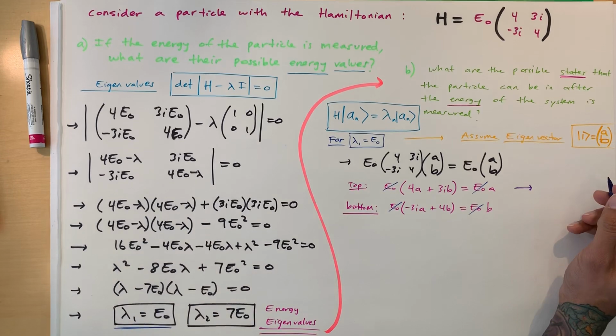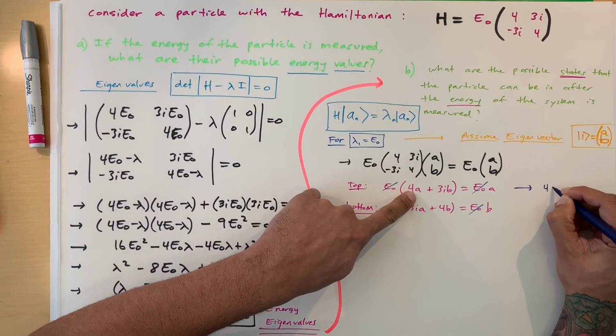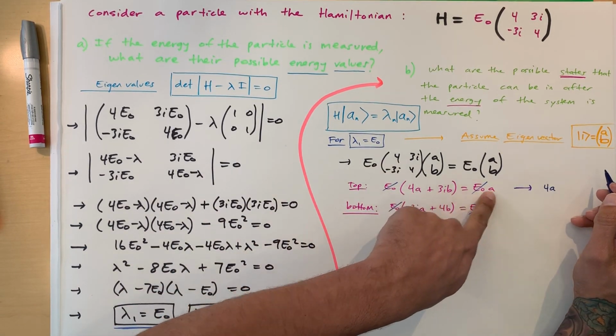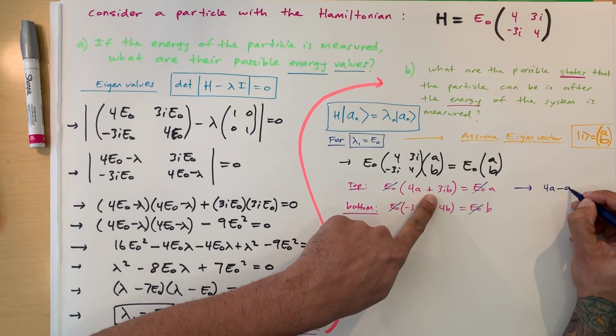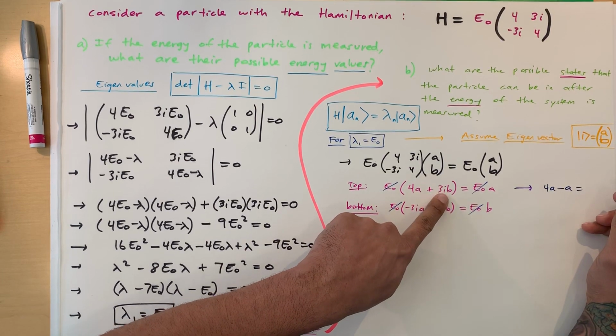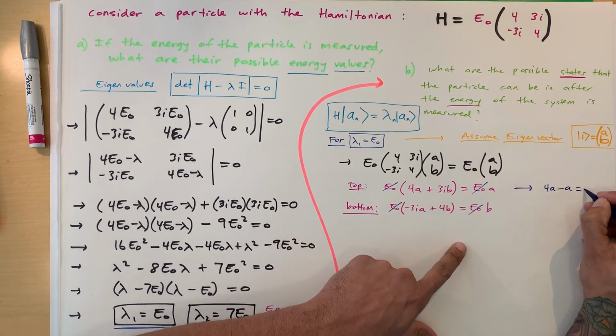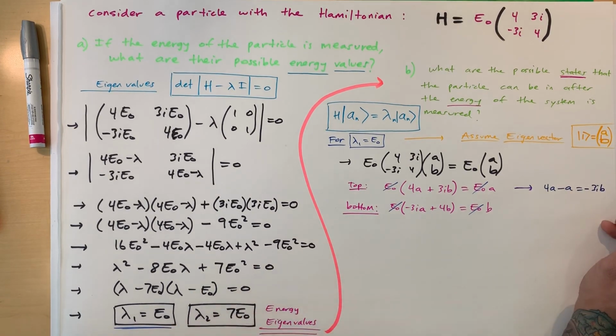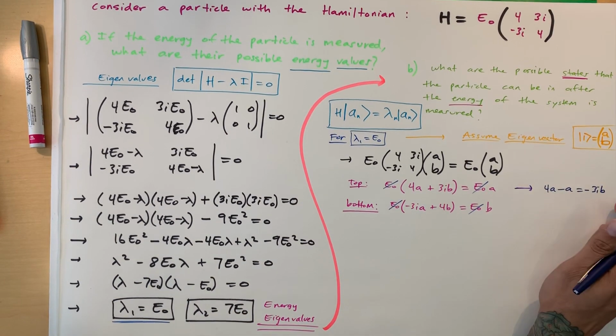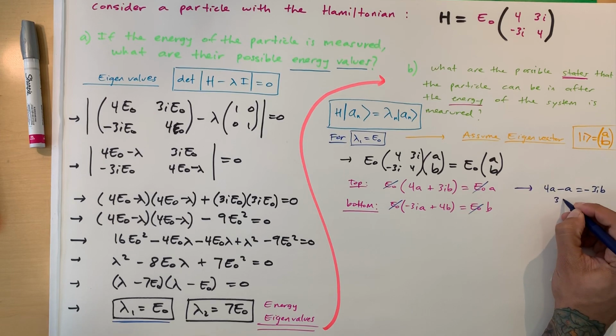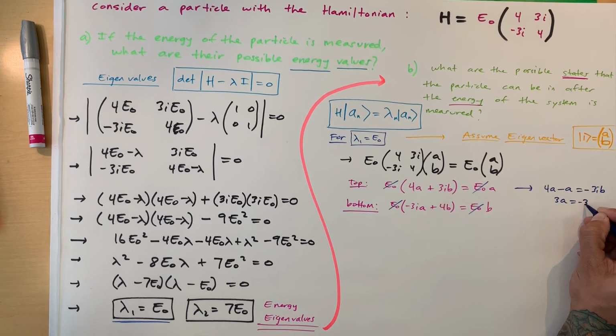Okay, so we're going to have 4a, and if we move this a to the left side, we have a negative a, and if we move this 3ib to the other side, we have negative 3ib. Okay, let's further solve here. We have 3a equals negative 3ib. The 3's cancel, and we have a is equal to negative ib.